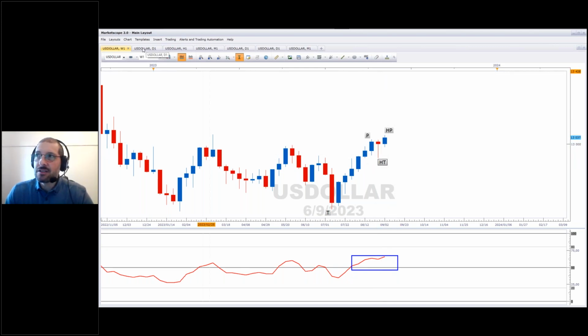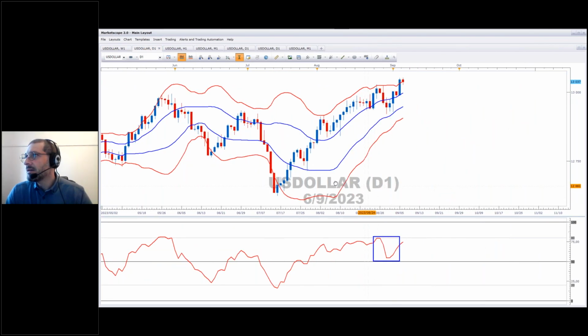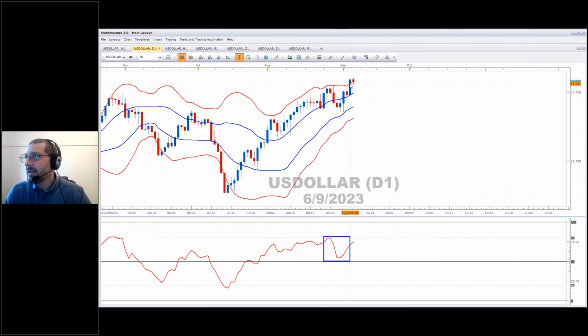Take a look at the US dollar channels now. Let's take a look at the zones. It is in zone 1, between the upper red and the upper blue. Take a look at the red Bollingers. They are tracking upwards.